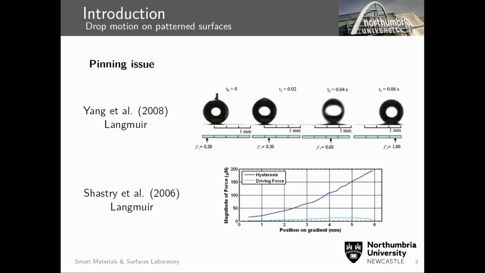And if you try to move the drop over longer distances, Shastri et al. tried to move a drop 6 millimeters, and you can see that the drop stays pinned. This is basically because the driving force, the light blue curve that you have here, is not enough to overcome the pinning force that you have in blue here. So this is really the main problem of those surfaces that restricts a lot of applications.